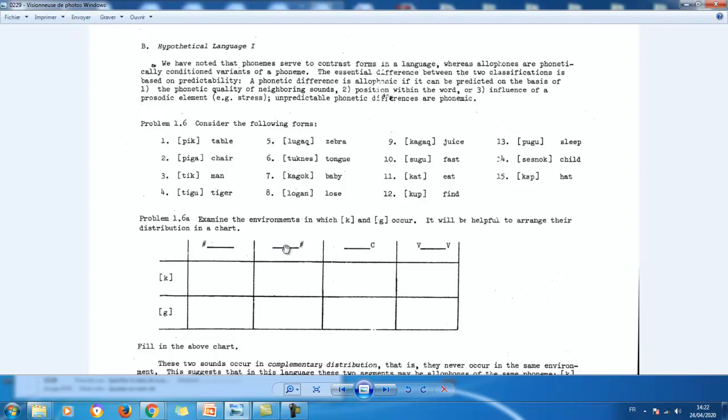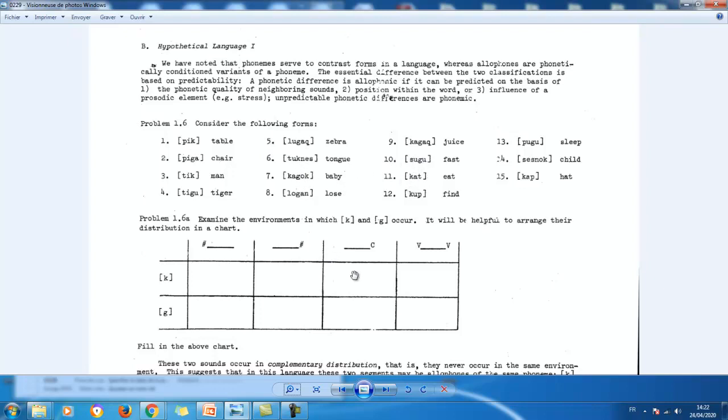Same thing in here. Now, is it final? Let's look at the words. Yes, it's final. We have got this example of the word pick, which means table, where it is final. So we have put the check in here. Now, is it before a consonant? Let's look through our words. Yes, k is before n here. Let us look at other words.